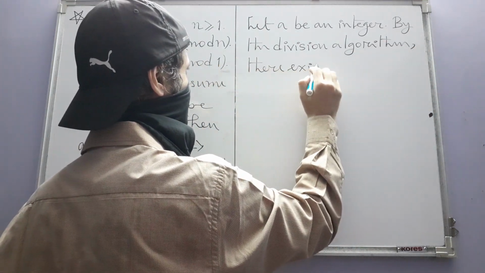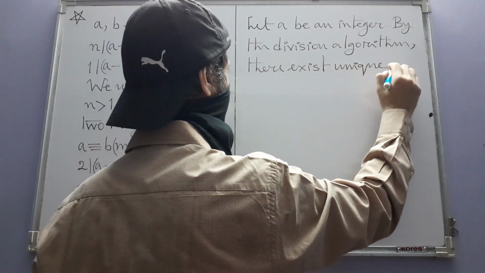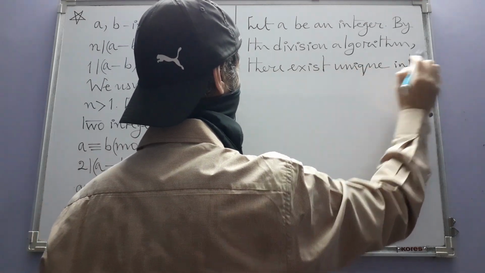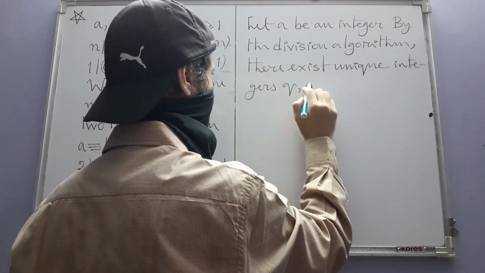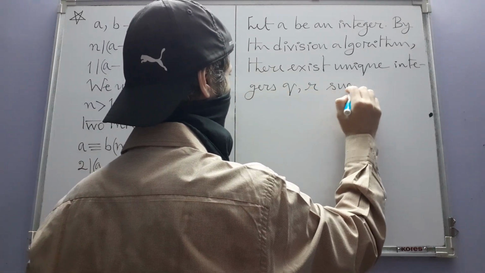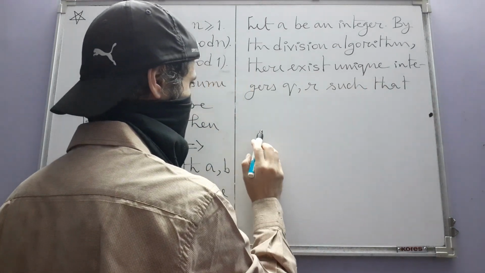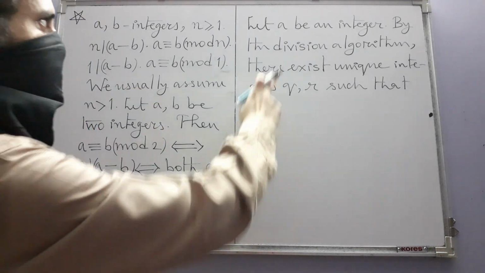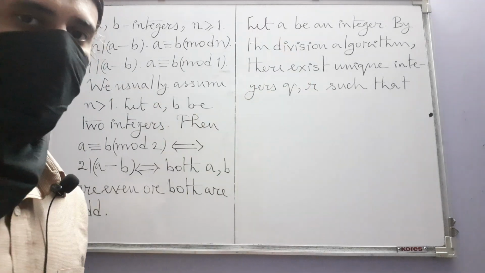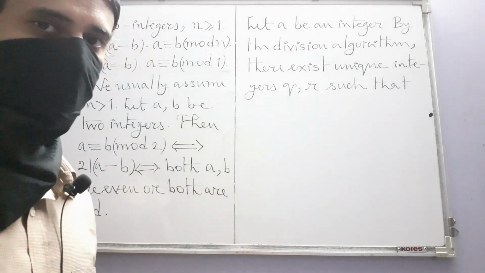there exist unique integers q and r such that two things, as you know from the division algorithm. So here we are dividing a by n, and our quotient will be q and remainder will be r.